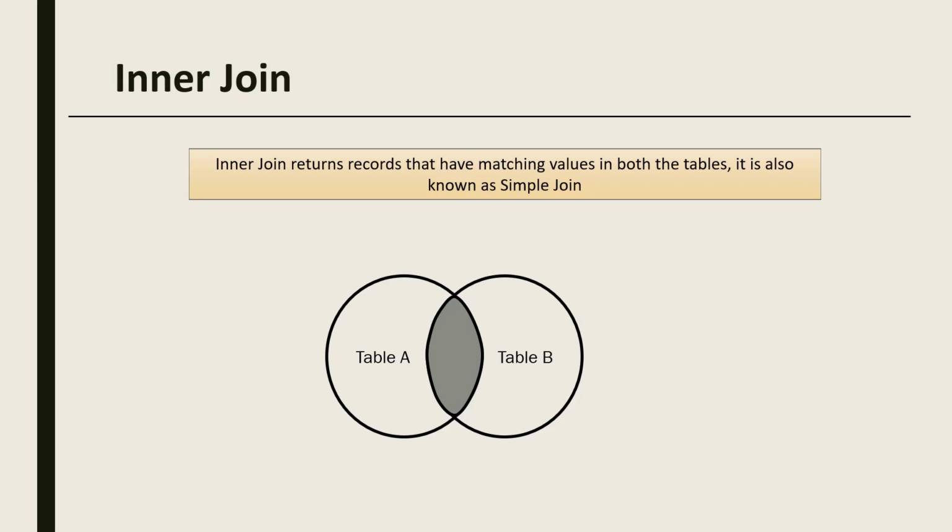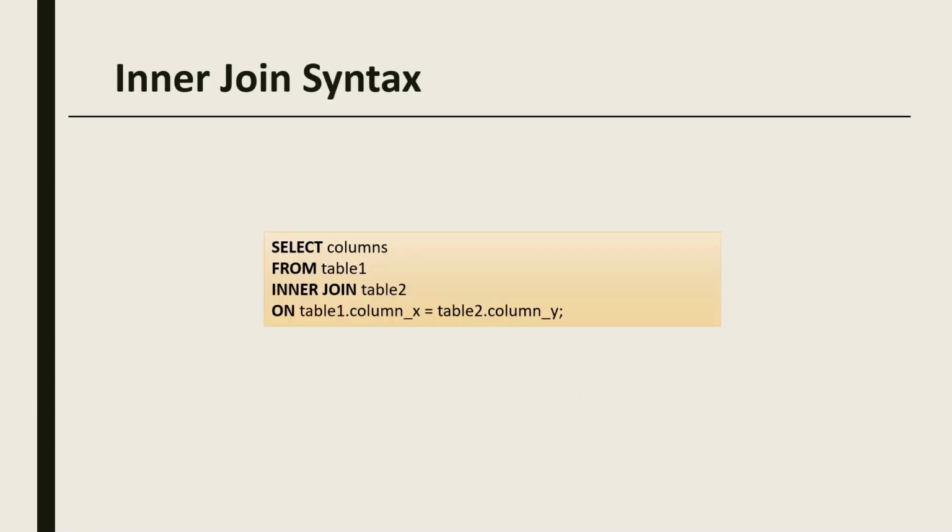Before that, let's learn about the syntax. The inner join syntax is: SELECT is the keyword followed by the columns which we want to see in the extracted table, then the FROM keyword, then table 1 will come, followed by the INNER JOIN keyword, then table 2 will come, then ON is the keyword.